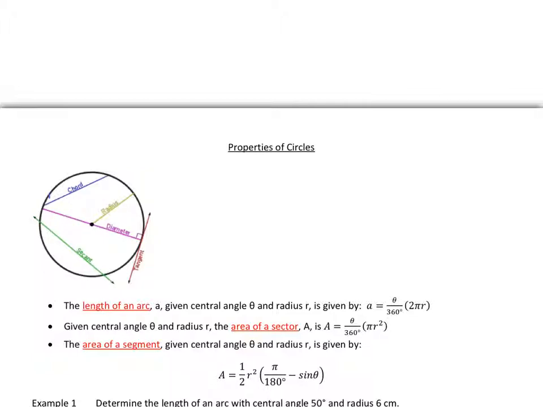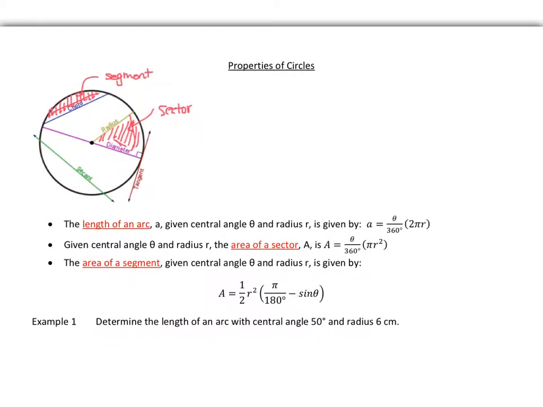So that would be this area right in here, which is referred to as a segment. And the area created with two radii of your circle, this area in here, is called a sector. Those are some terms we'll be referring to in this lesson as well.